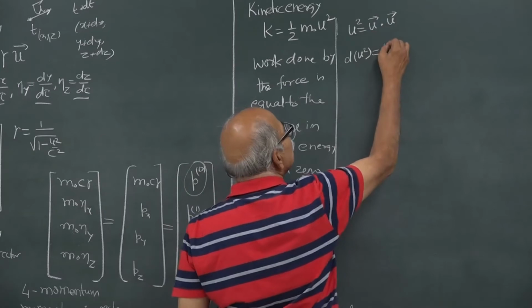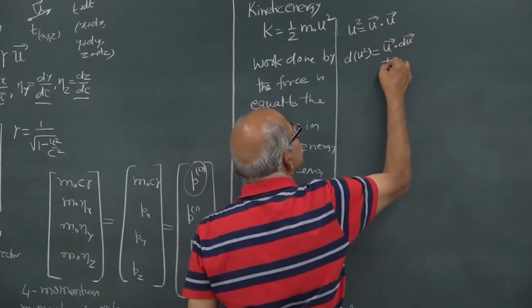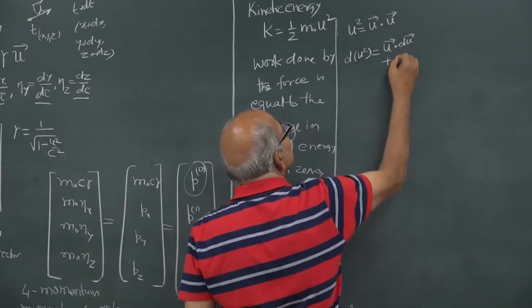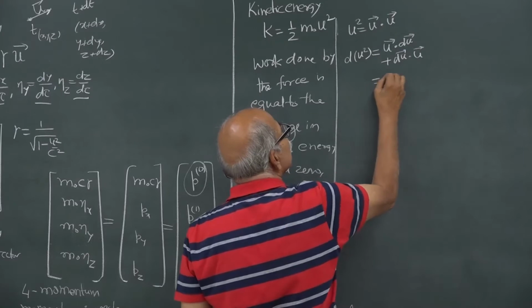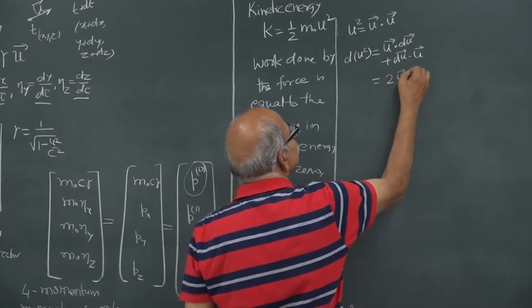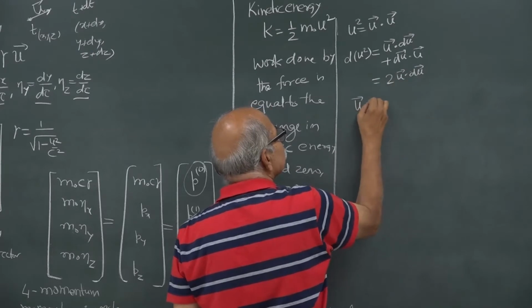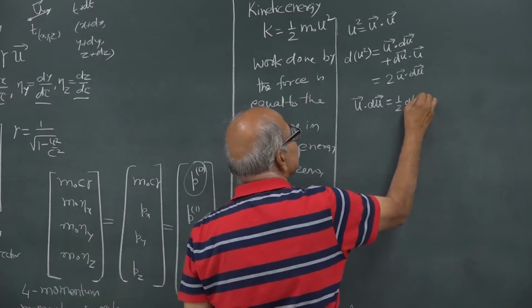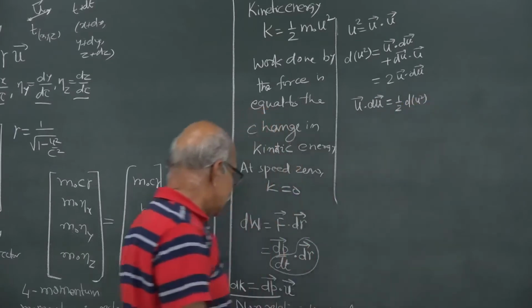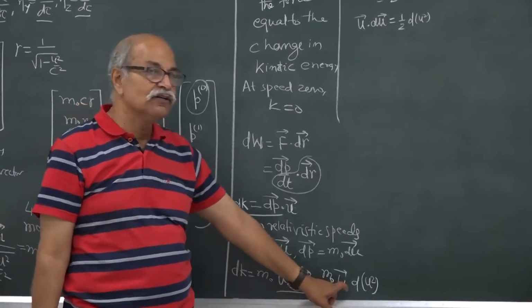So, you get u dot du plus du dot u, and that is 2 times u dot du, and hence u dot du is half of d of u square. So, that we are using here.